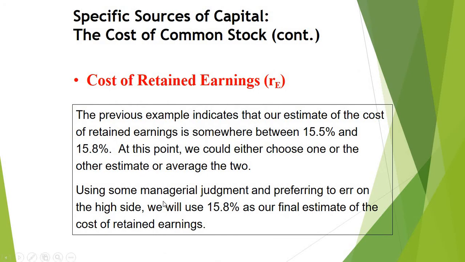So it is safer to use 15.8%, because this is slightly higher and it will eliminate errors in the model. So throughout this lecture, we'll consider the cost of retained earnings for this stock to be 15.8%.